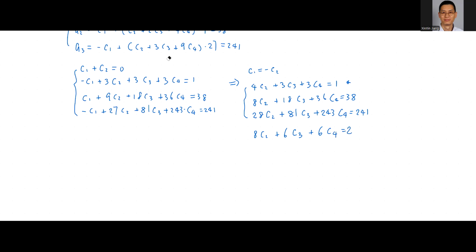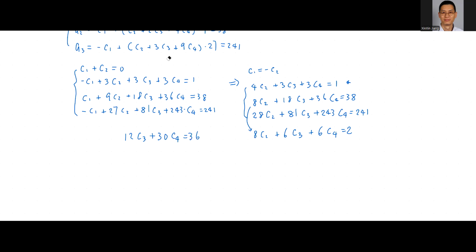And you subtract this one from the original second equation. So I get 12C3 plus 30C4 equals 36. Okay.